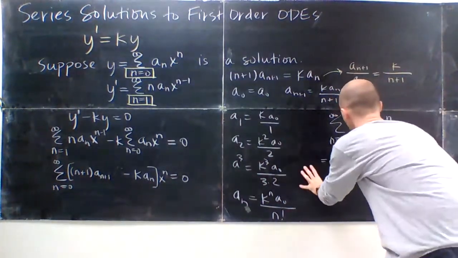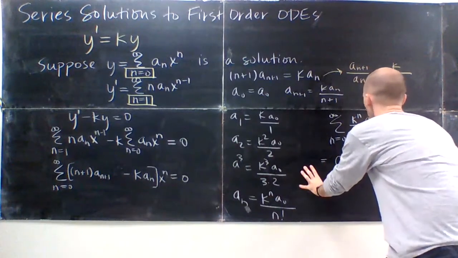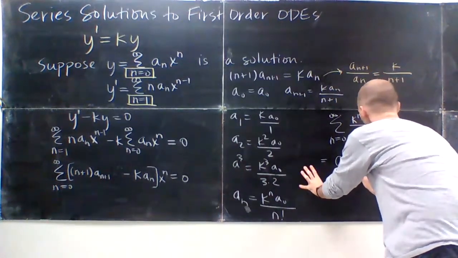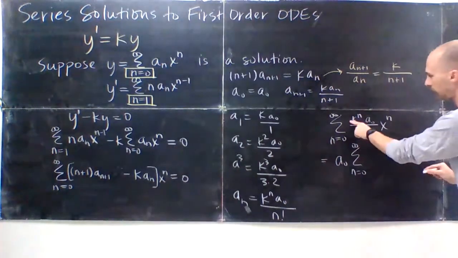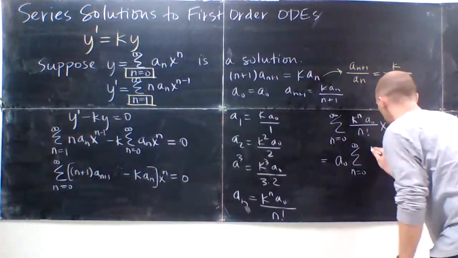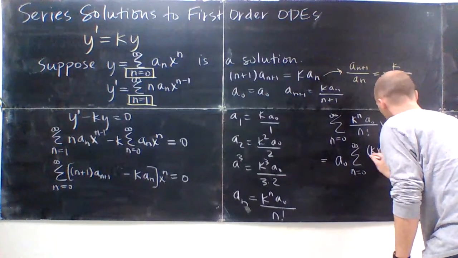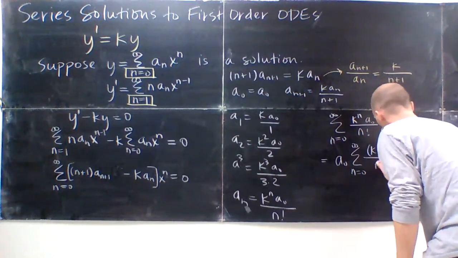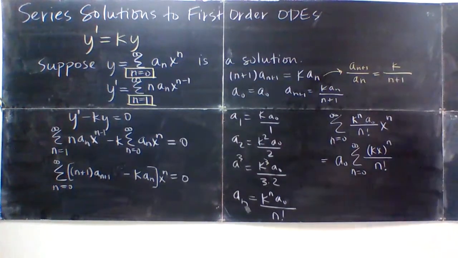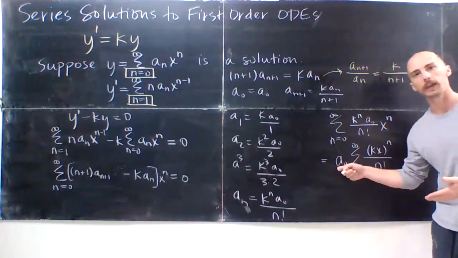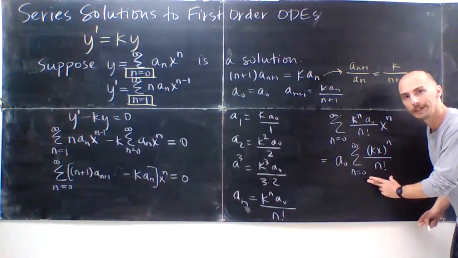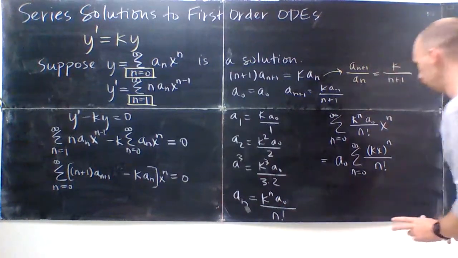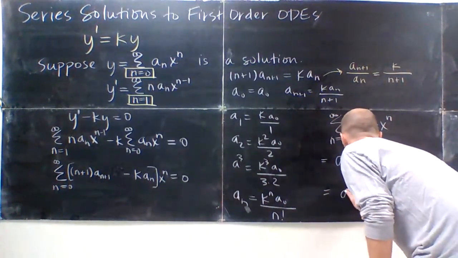I'm going to factor out the a0, because that's just some constant. And I'm going to let n run from 0 up to infinity. I'm going to take the k to the n and the x to the n and call it kx to the n divided by n factorial. And hopefully you recognize that this is a0 times the Maclaurin series for e to the kx. Okay? And so that's where we get it.